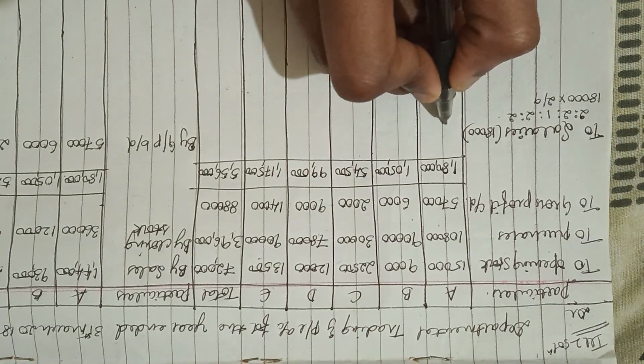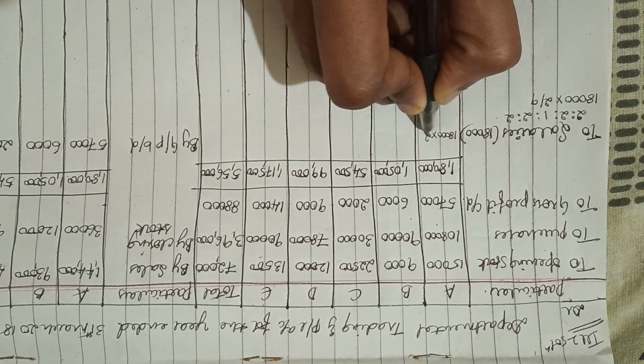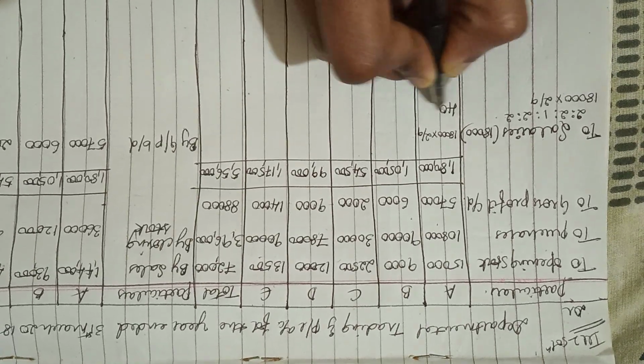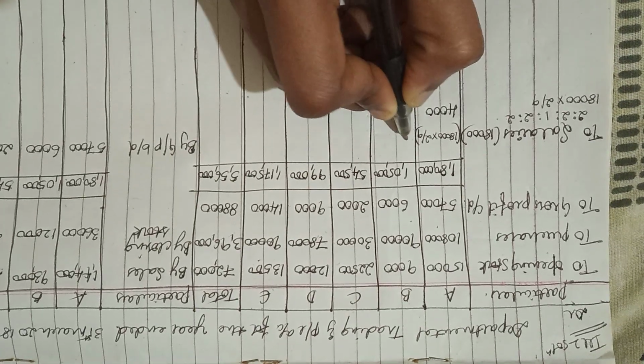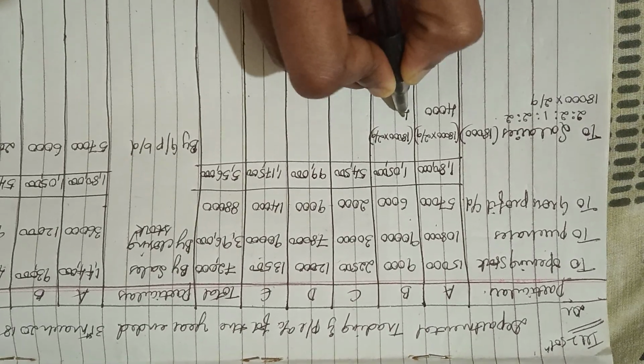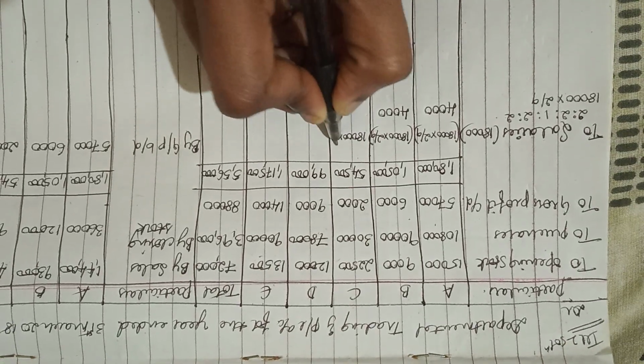Now this 18,000 will be divided. So 18,000 into 2 by 9. Okay, I will write it out here. 18,000 into 2 by 9, we get 4,000. Clear? Again 18,000 into 2 by 9, we get 4,000. Again 18,000 into 1 by 9.